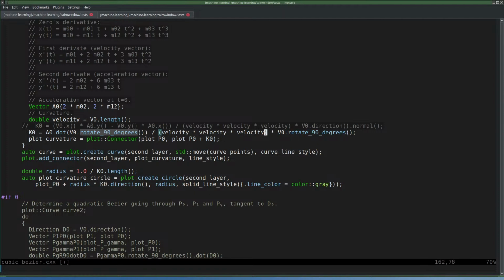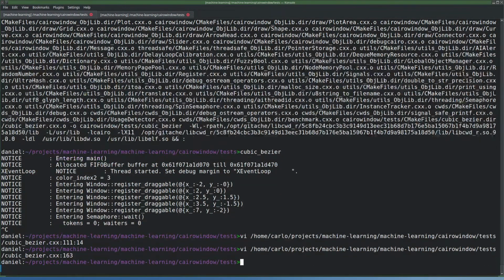So I should have taken the square of the length. What I had before was just twice my velocity. Got to be divided 4 times.